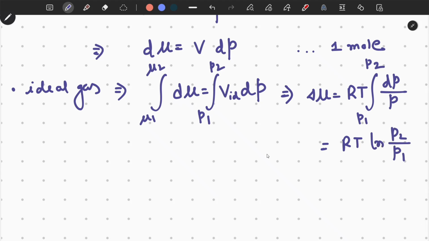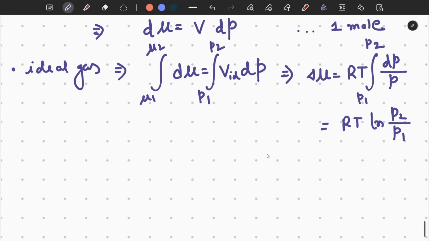This relation we already know. So you can write delta mu ideal.